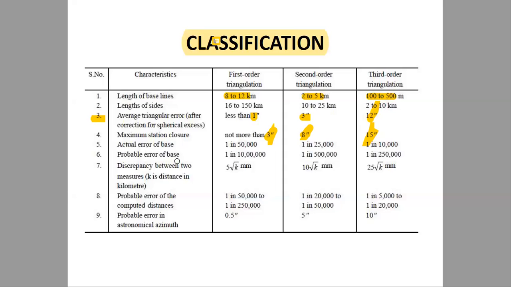The error allowed in measurement of base is 1 in 50,000 in first order, 1 in 25,000 in second order, and 1 in 10,000 in third order.